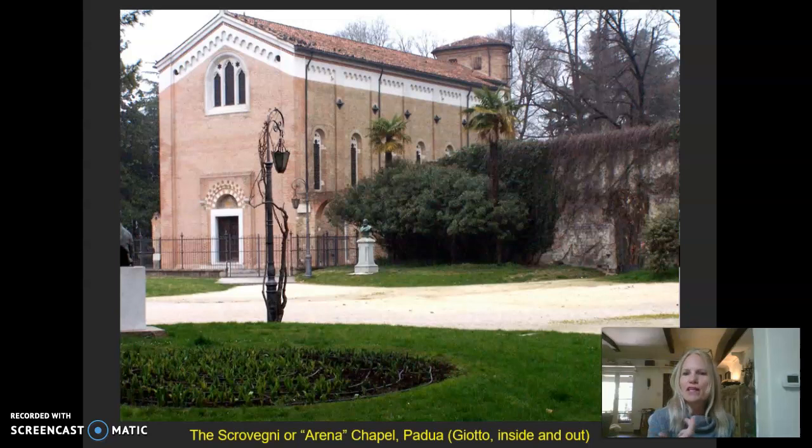And the Scrovegni family, I believe Mr. Scrovegni got in trouble for kind of unscrupulous money practices, sort of like a white-collar crime in his day. And so to make amends, to atone for his sins, because people actually were that religious that they worried that they would end up condemned to hell, right? Sometimes making a gift like this to the community, to a chapel like this, would hopefully earn them some bonus points in heaven, supposedly.